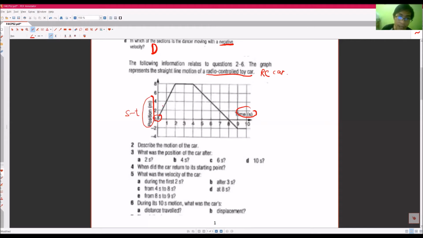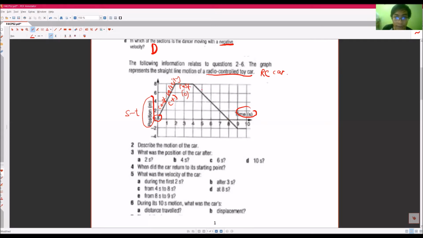So we have constant velocity, positive direction. Okay, and then it doesn't change its position here, so it's at rest, zero velocity. Okay, and then it seems like it moved back towards the origin.